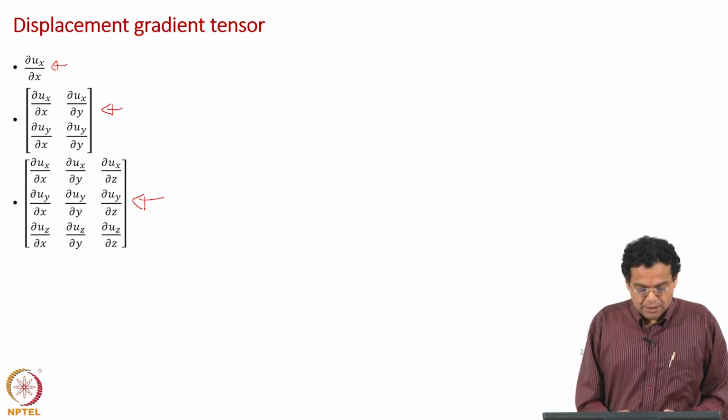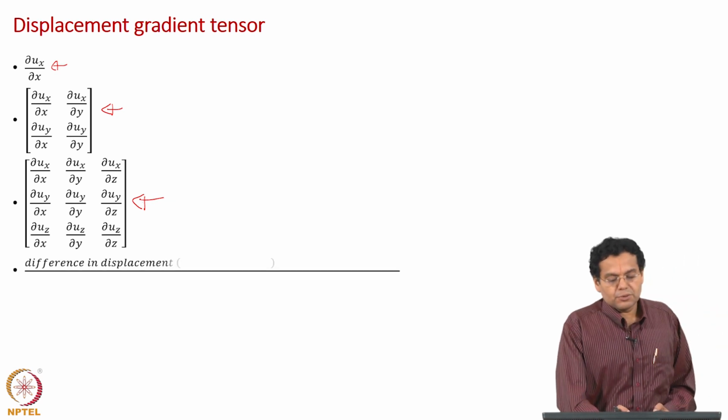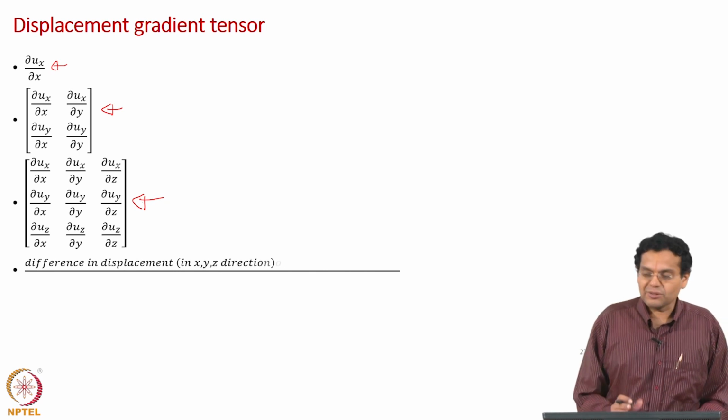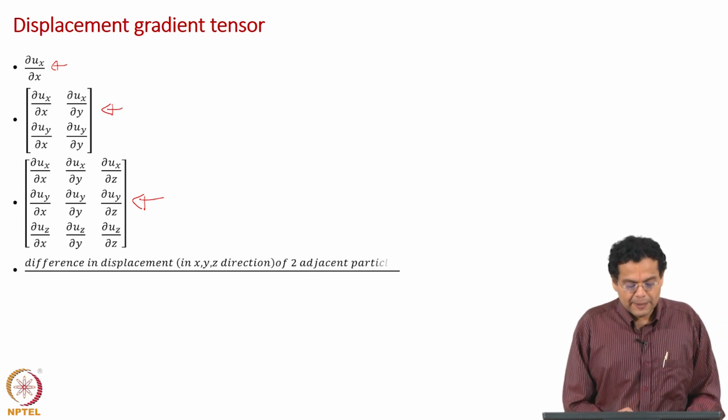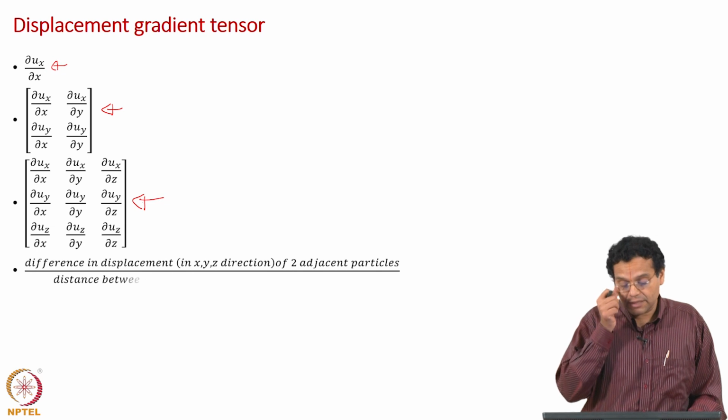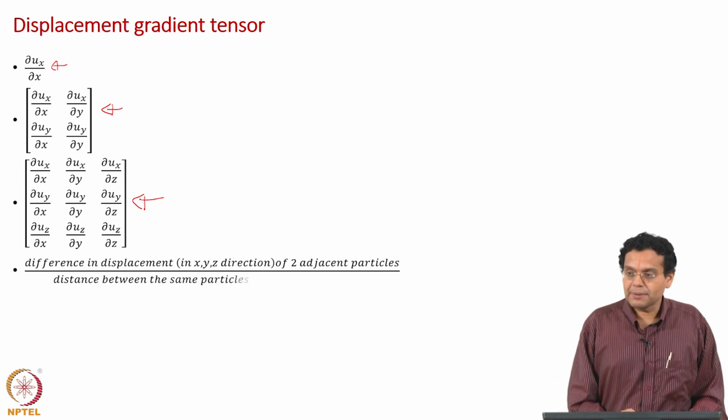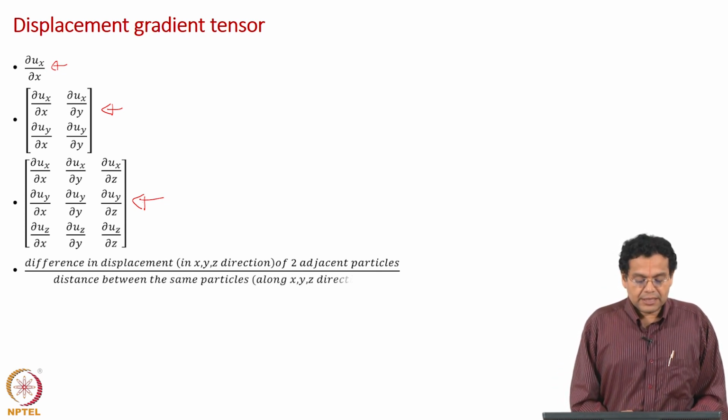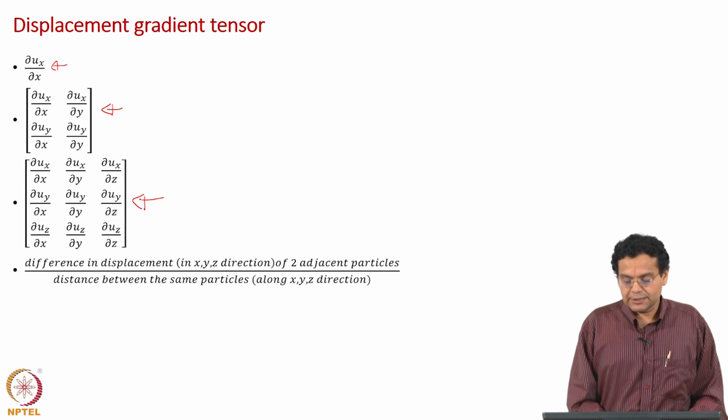Just to understand this, we know that using the definition which we introduced earlier for displacement gradient, we said difference in displacement of 2 adjacent particles divided by the distance between the same particles.